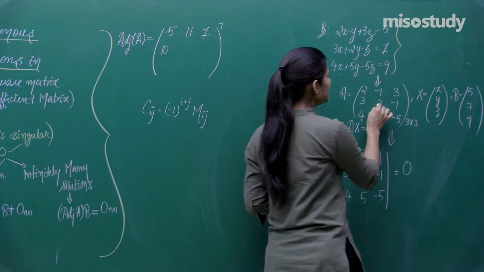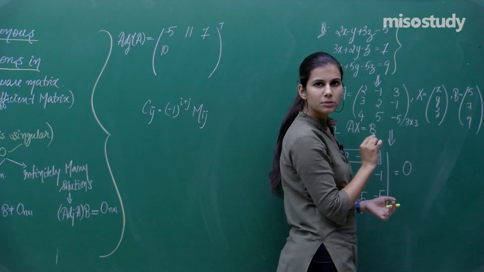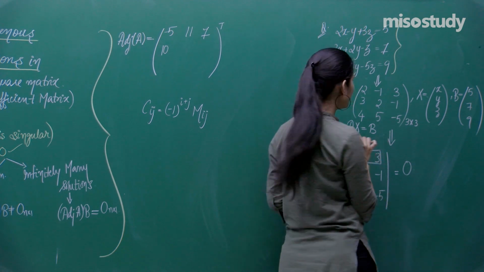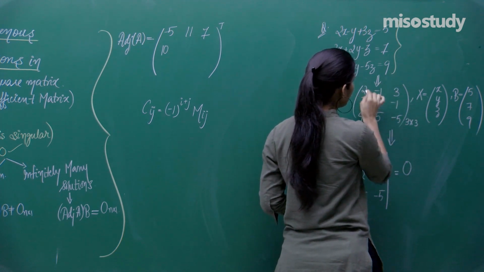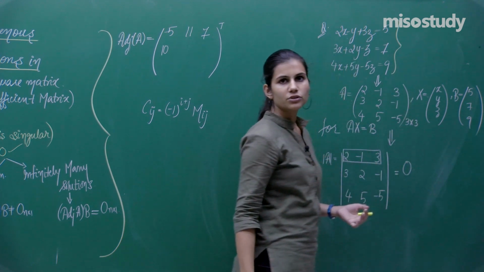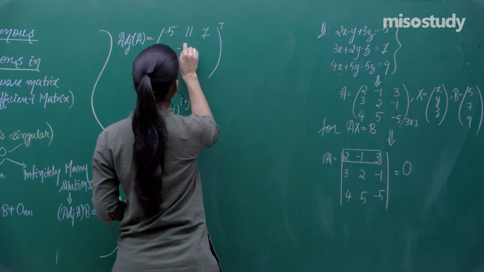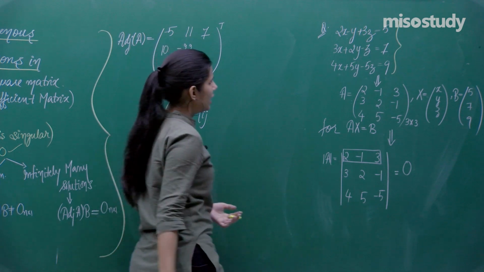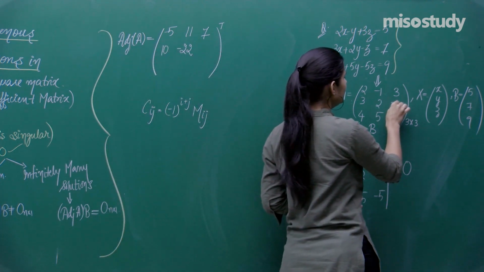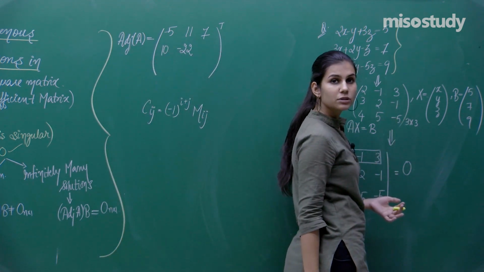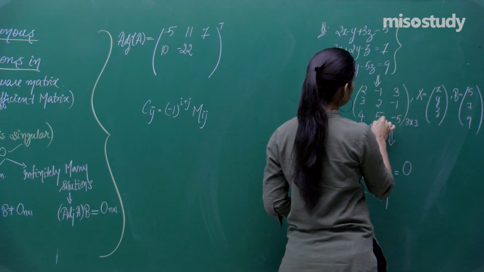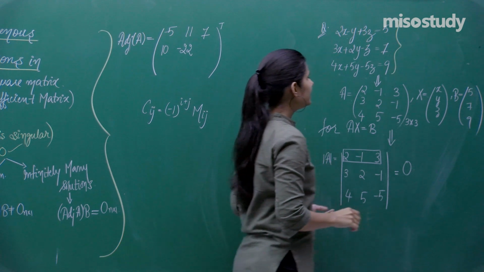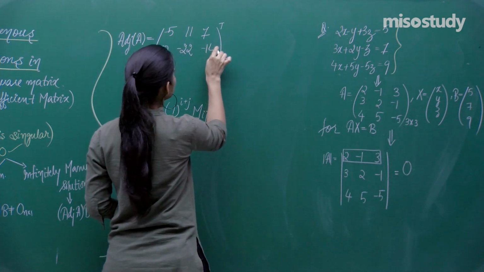Then you have the 2/2th element, (-1) to the power 2 plus 2, (-1) to the power 4 is 1. Just calculate the minor. Delete the second row and second column, you have -10 minus 12, which is -22. After that you have the 2/3th element, (-1) to the power 5 is -1. When you delete the second row and third column, you get 10 plus 4, 14, with a -1 gives you -14.